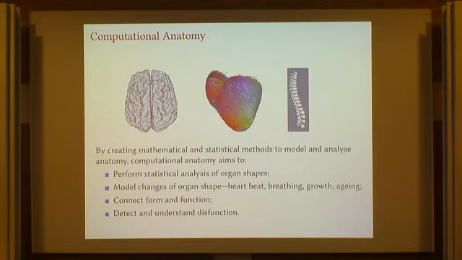The general goal of anatomy is to connect form and function. For example, for joints and bones, or for the heart where you have muscle fibers, the connection is quite physically motivated, but we also want to find these connections where there is less physical understanding, for example in the brain, where one has neurons, but there is something going on at a whole organ level, although it's not quite understood what exactly that is.